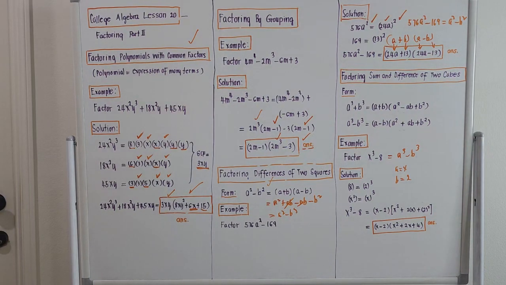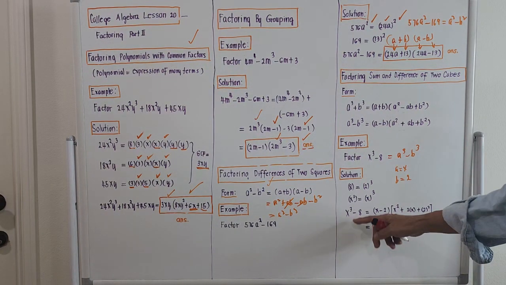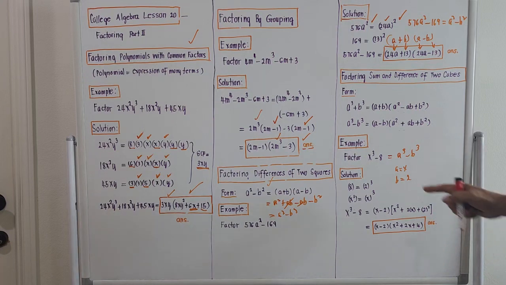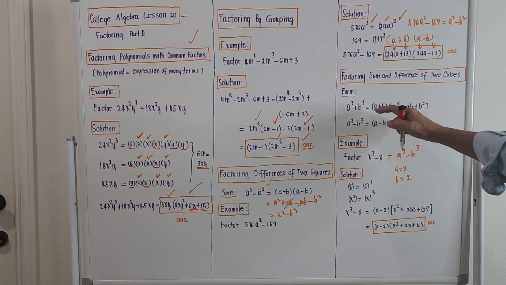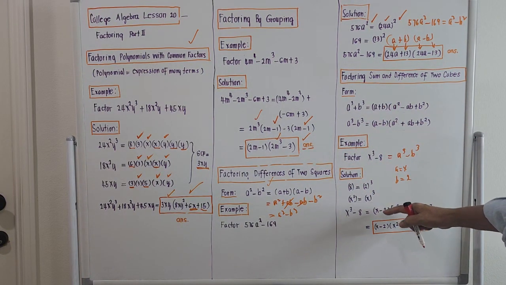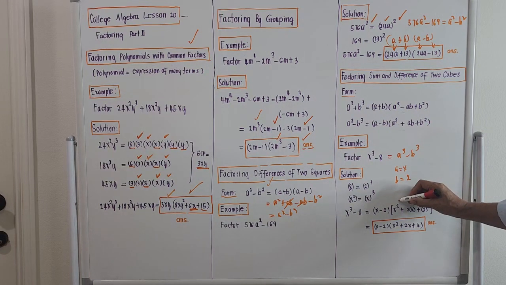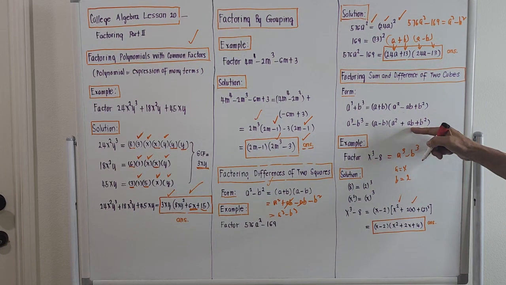Right? So if we try to factor out x cubed minus 8, by following this one, it will be the first minus 2. So this is a minus b, right? Times the quantity, the square of the first one. The middle term is the product ab, right?